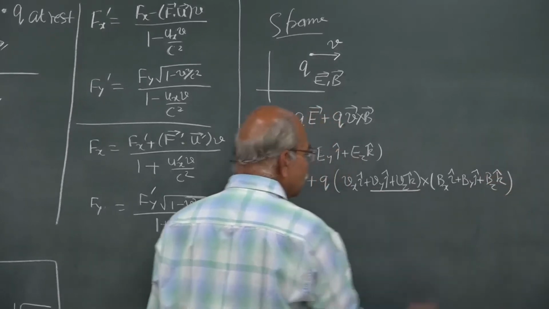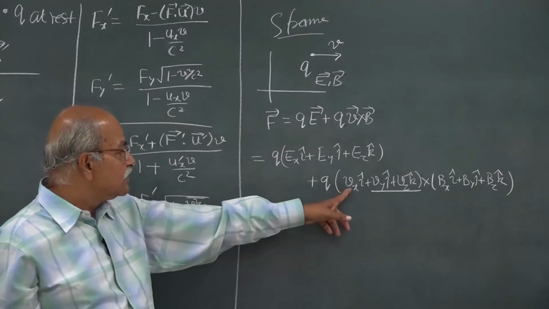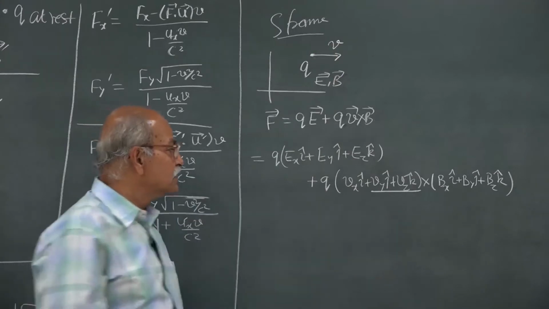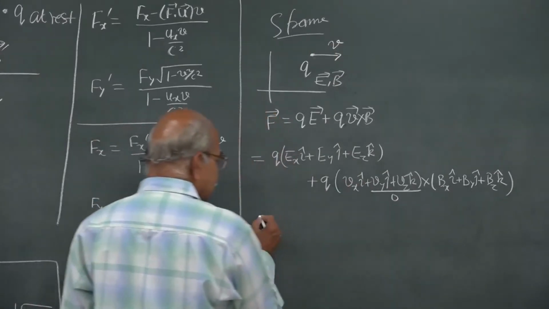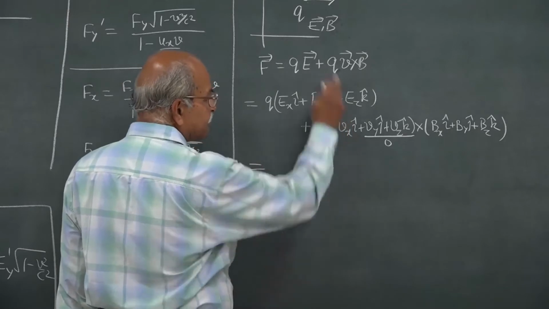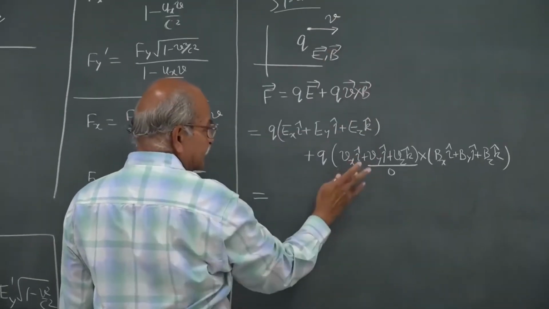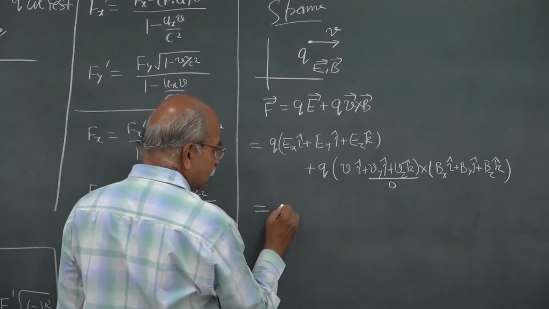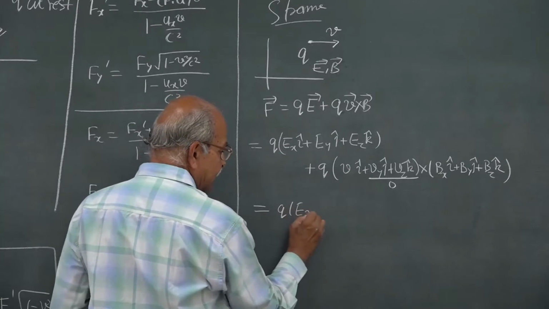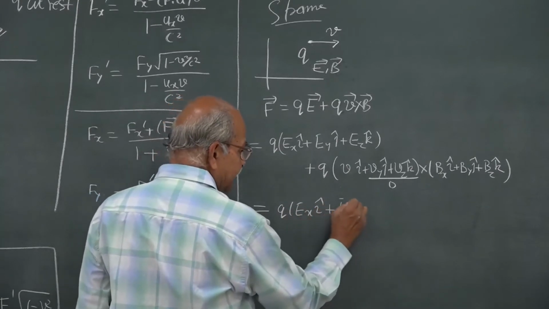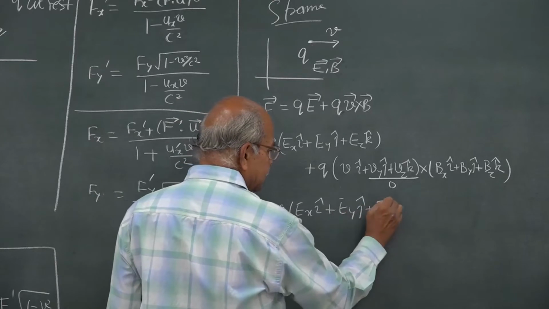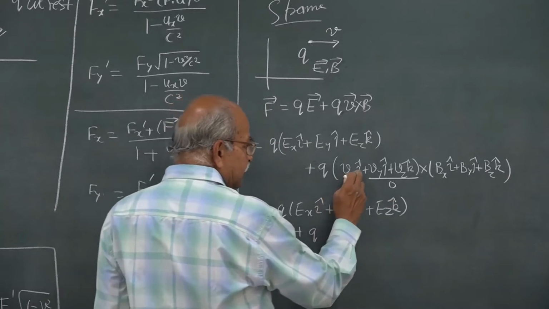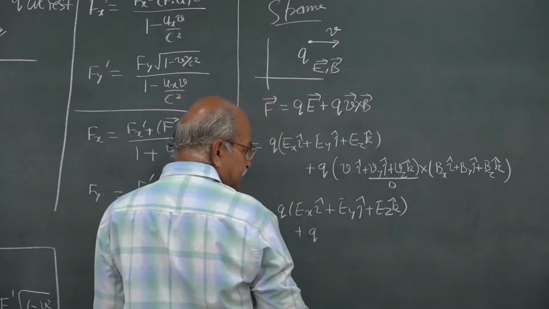But then this is 0, because the velocity of this particle q is in x direction. So, this part is 0 and you only have this part. And this Vx is just V. So, it is q times (Ex i cap plus Ey j cap plus Ez k cap), and then plus q, then i cap cross i cap is 0.